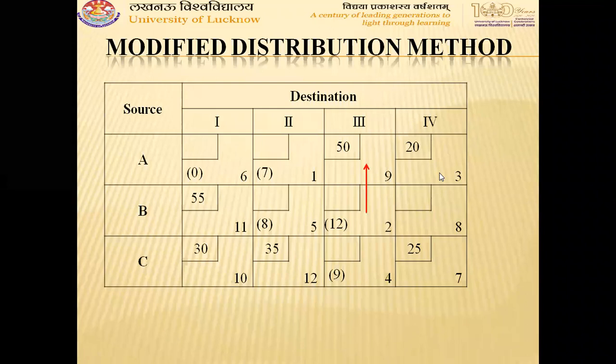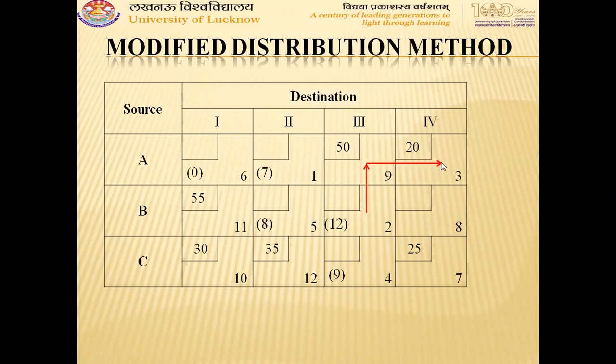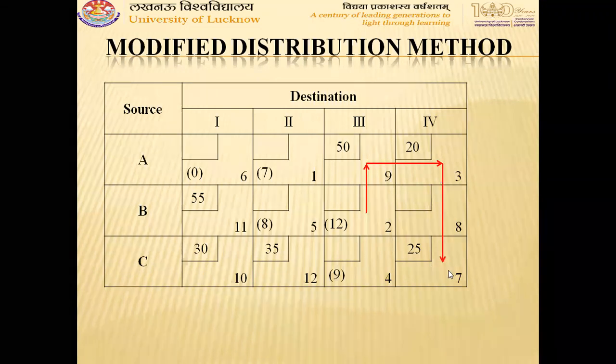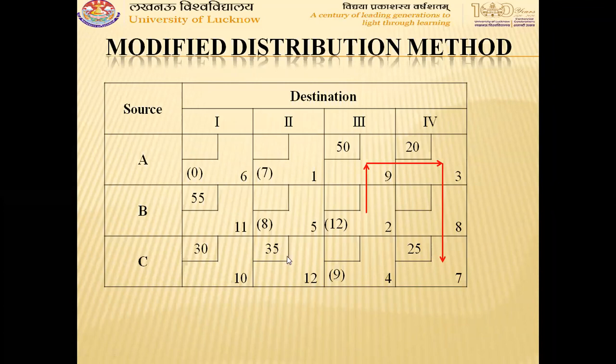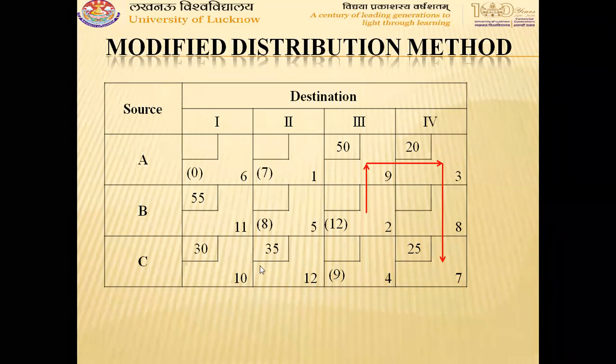Then we move to the next allocated cell, which is 1 comma 4, then to the next allocated cell, which is 3 comma 4. From this we again move horizontally to other allocated cells. Here we obtained two allocated cells, 3 comma 1 and 3 comma 2.